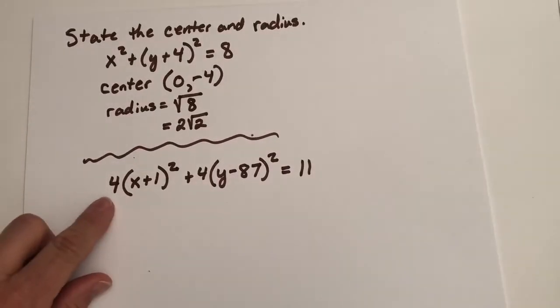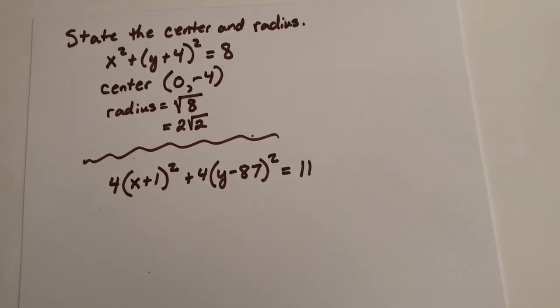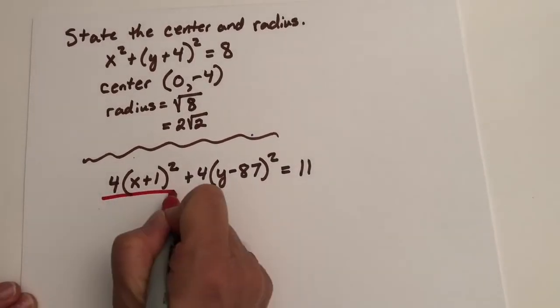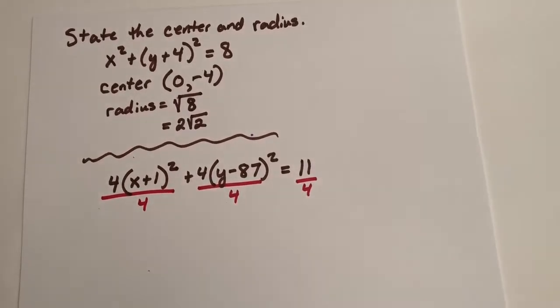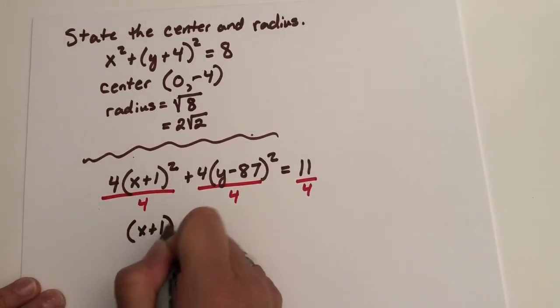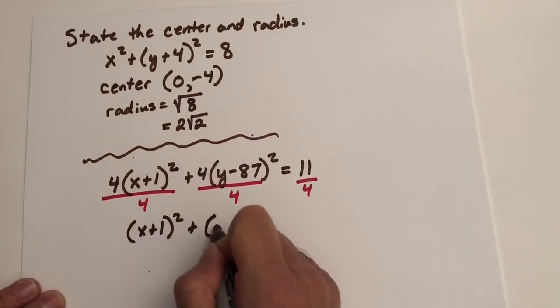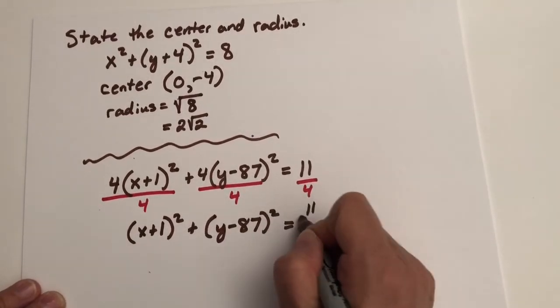And here we don't have 1s, but that's okay. We can just take one step to divide both sides by 4. And now our equation will be in standard form. It's (x plus 1) squared plus (y minus 87) squared equals 11/4.